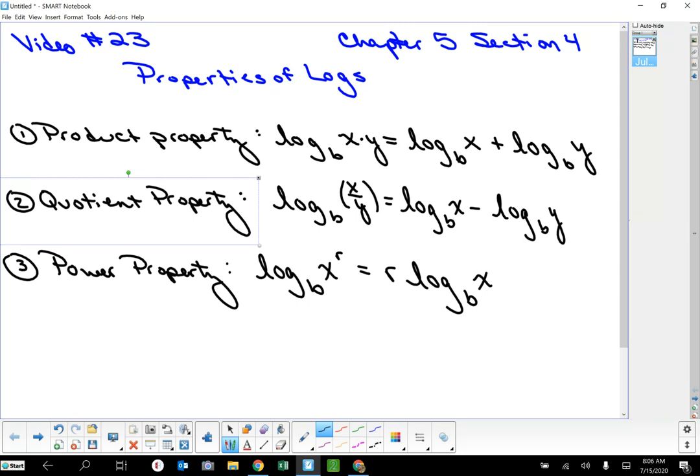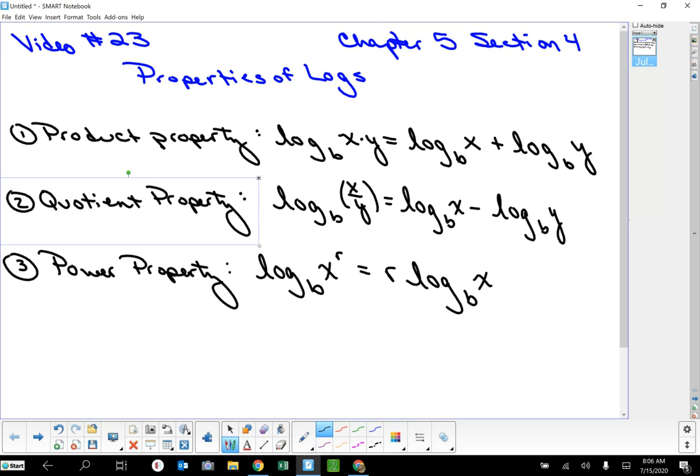All right, so using those properties, Varsity puts them in there and you just have to utilize the property to fill in some blanks. And we're going to go both ways.